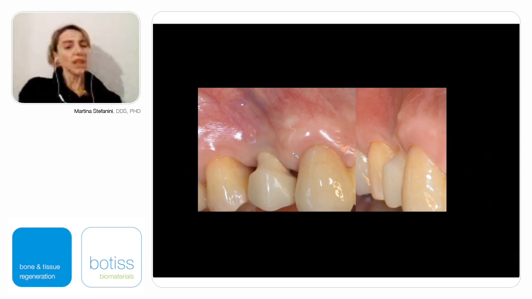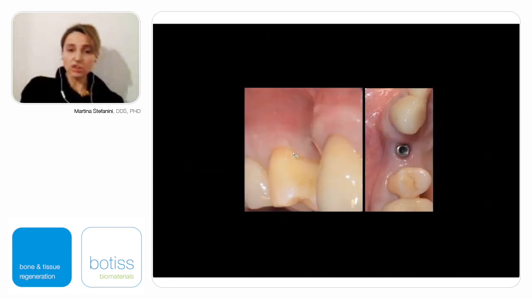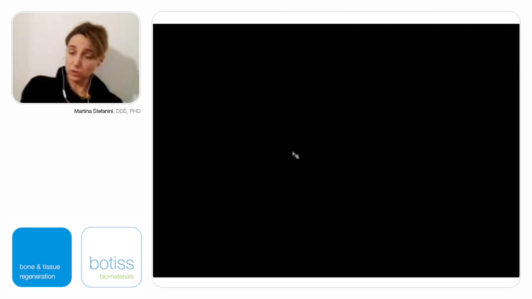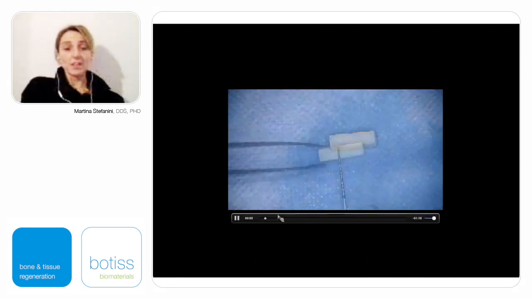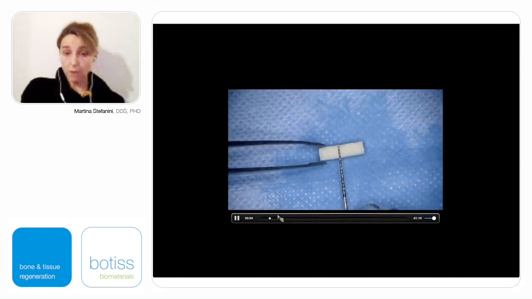And in order to obtain better soft tissue thickness, in this case you can change the crown and let the soft tissue mature with time before the surgery, to have a better surgical papilla that will be desepithelialized during the surgical procedure.